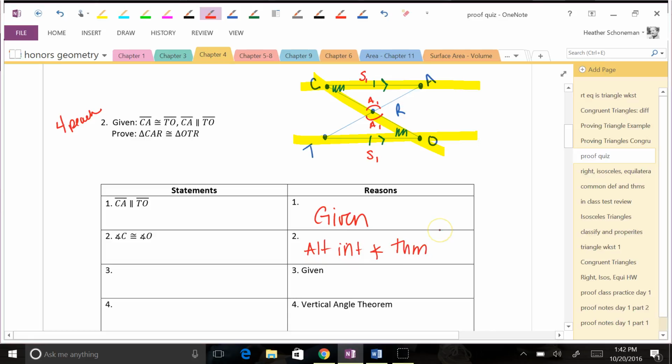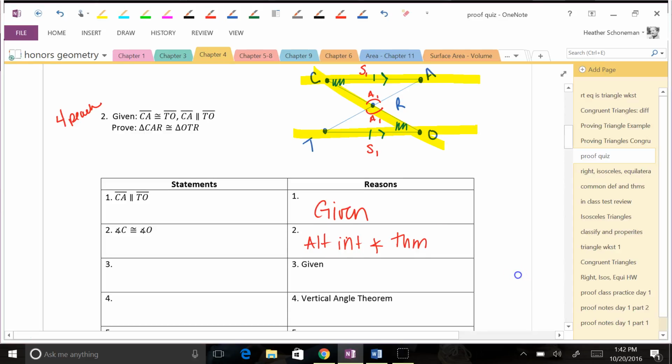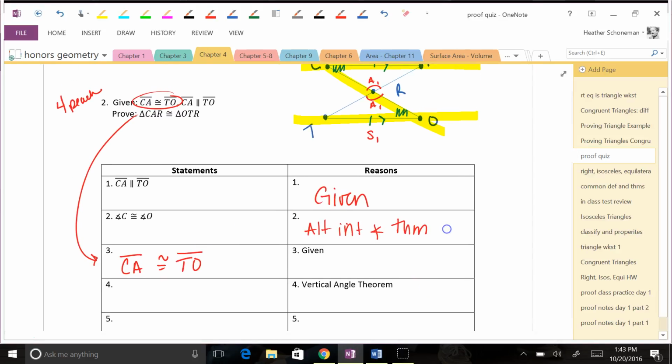If you didn't write theorem on the quiz, I didn't take points off, but I will on the test. You have to know the difference between the theorem and the converse. Alright, then a lot of people missed 3, and you said that CA was parallel to TO, but we already said that. The given you're missing is this one. CA is congruent to TO. Okay, then they want the vertical angle theorem.